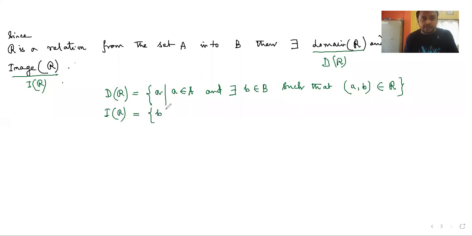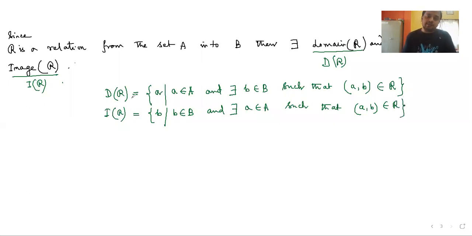It contains all such elements b such that b belongs to capital B and there exists a belonging to capital A such that (a, b) belongs to R.